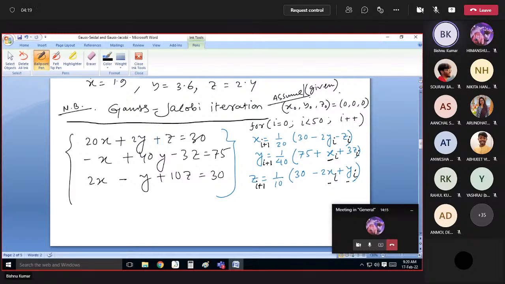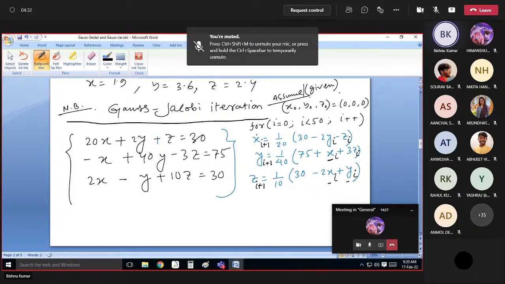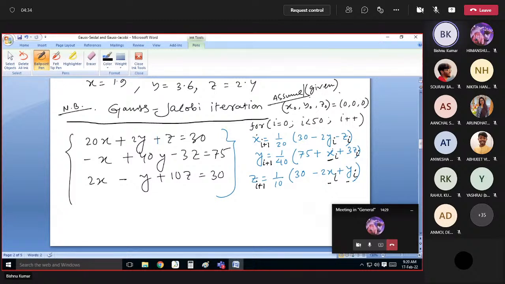But here, whatever value you are considering is simply used to get the next iterated value calculation. Here you just see x is updated, but that updated value I am not using here. Only that is the difference. That idea you just keep in mind.